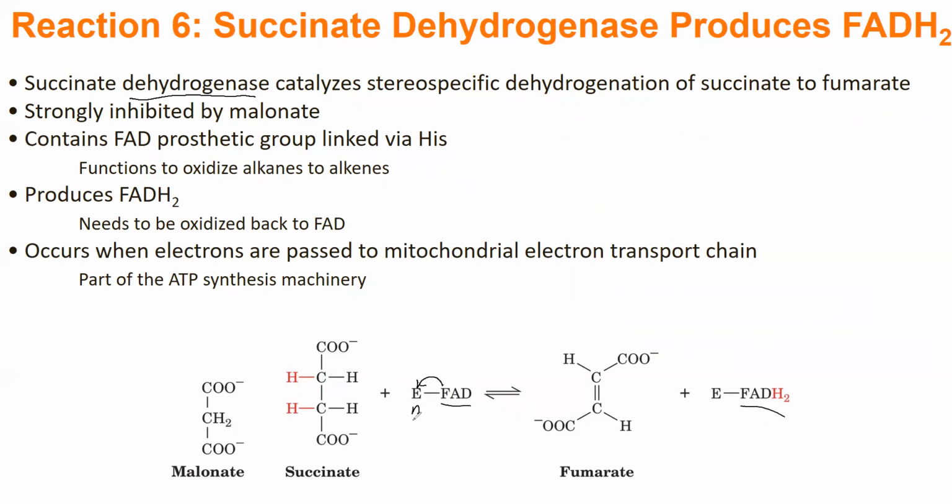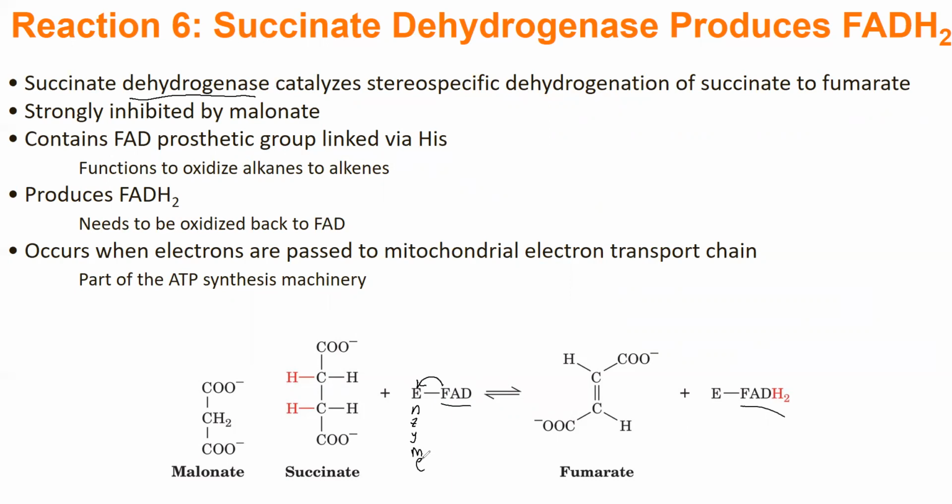That's what the E means. So this is actually bound to the enzyme. The other molecules we looked at, they weren't. They were just floating in your mitochondria, and you just grab it, use it, and then release it. This one is attached to your enzyme.